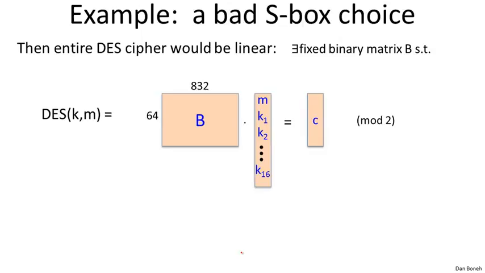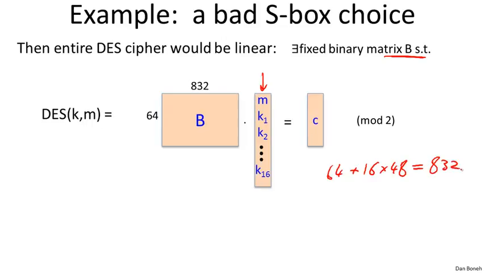In other words, there will be a matrix B of these dimensions. Basically, it's a matrix B that has width 832. Basically, what I would do is I would write the 64-bit message plus the 16 round keys as one long vector, right? So the message is 64 bits, and there are 16 round keys, each one is 48, and that, if you do the math, it's basically 832.